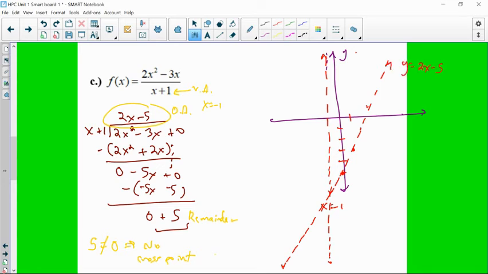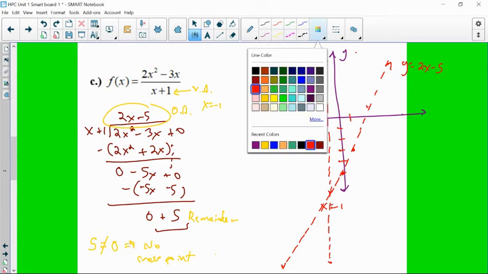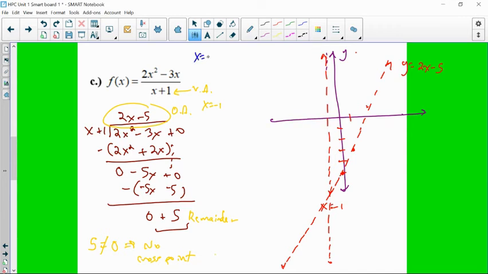Let's talk about x-intercepts and y-intercepts, because if I let x be 0, I can know what the y-intercept is, which is actually really nice. When x is 0, that's 0 over 1. The y value is 0. So this has an intercept of 0 for both x and y, which is really nice. But then there's another x-intercept.